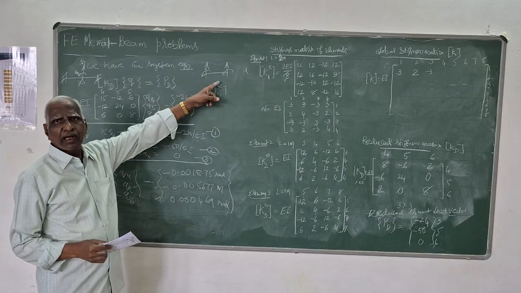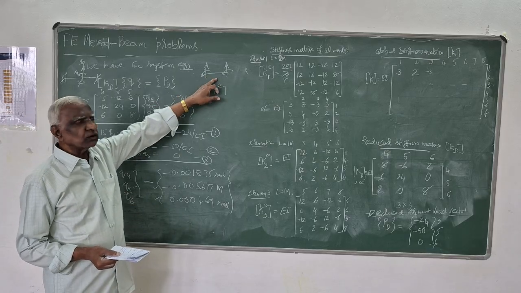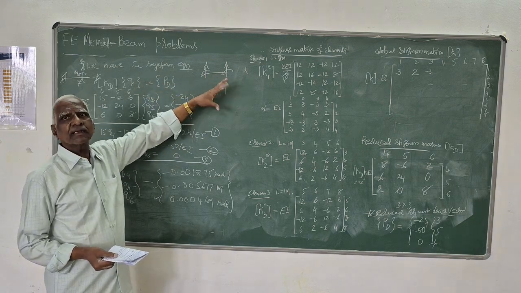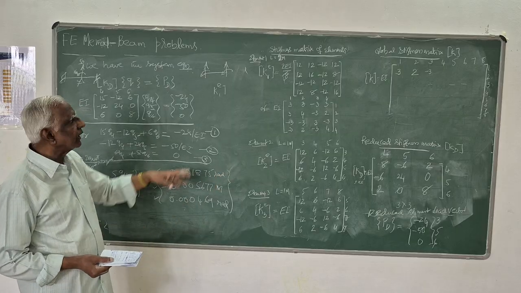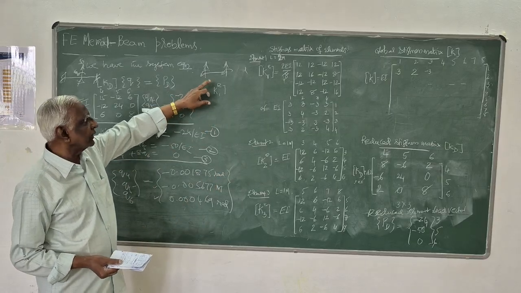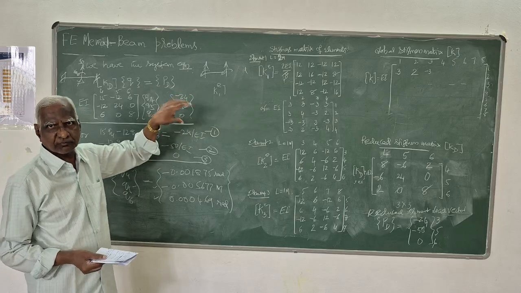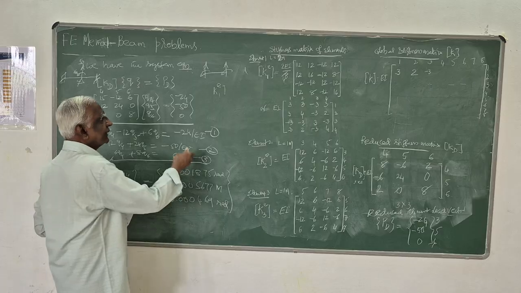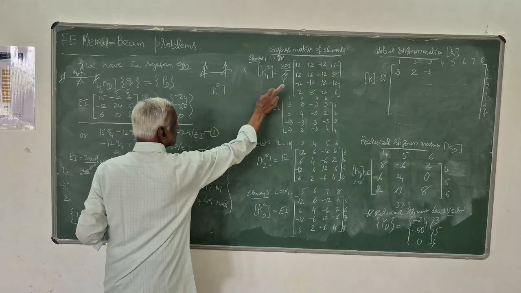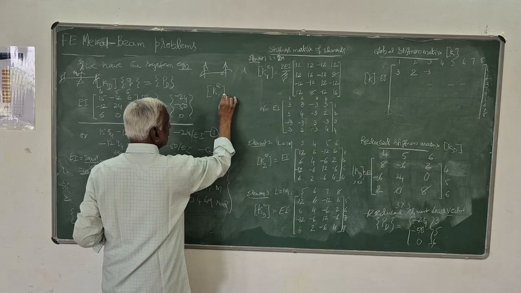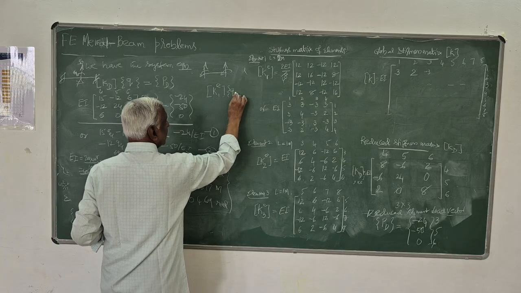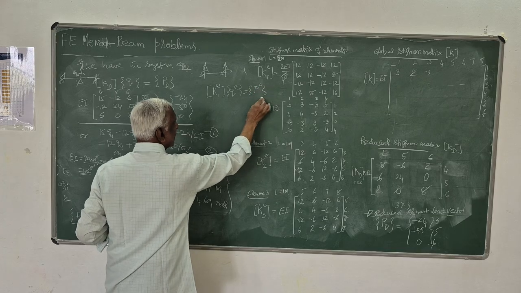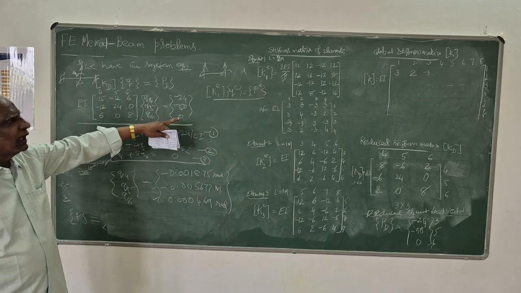In those equations, I have given the relationship between the natural coordinate and the global distance. Find the natural coordinate, substitute in those equations for Z, and calculate shear force and moment. Or you can use the element equation, K1E into QE is equal to P element loads.